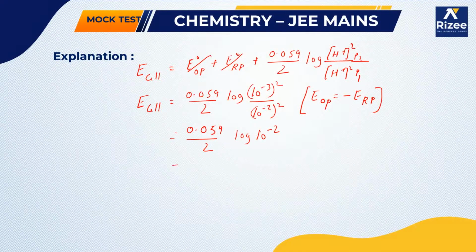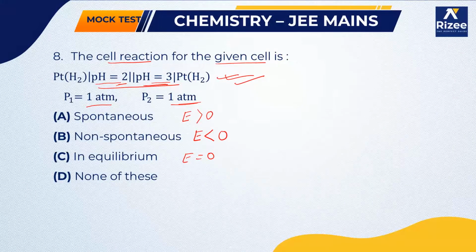So we will get the E cell value as minus 0.059. Here you can see there is a negative value. Earlier I told that for E less than 0, the reaction will be non-spontaneous. So our answer is non-spontaneous reaction.